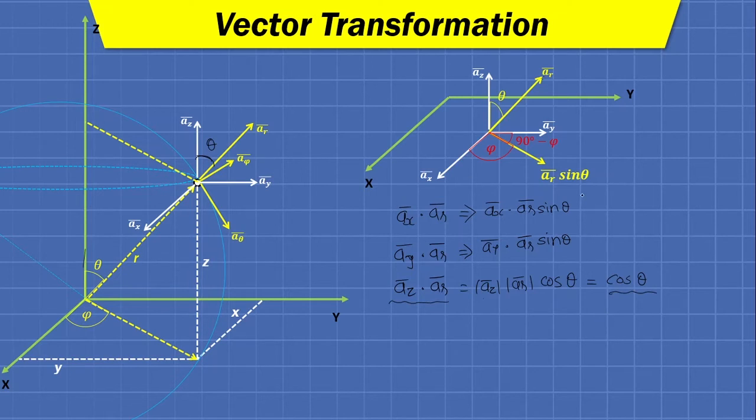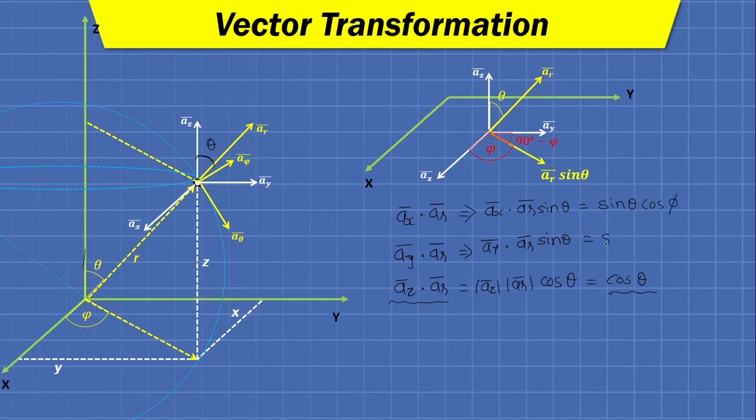For the first two dot products, the modulus of ax bar and ar bar is 1, sine theta being constant stays as it is, and as it is a dot product, the cos of the angle between ax and ar sine theta should be taken. This angle is nothing but phi, so it will be sin theta cos phi.